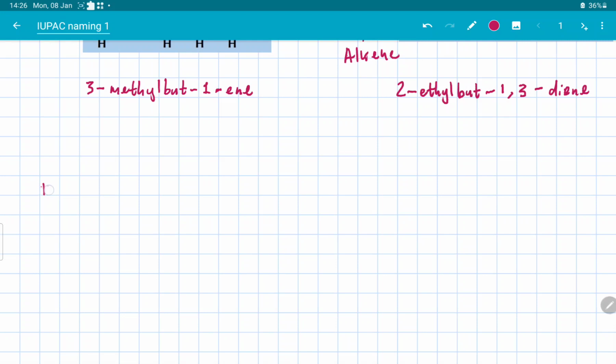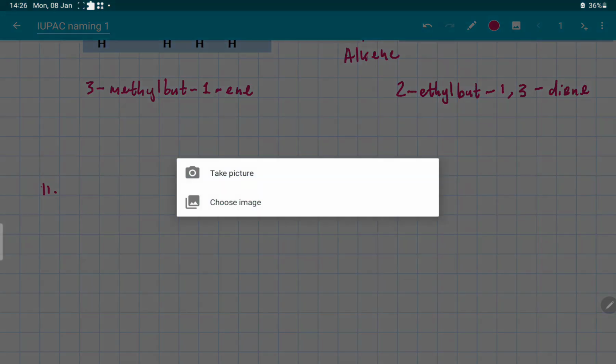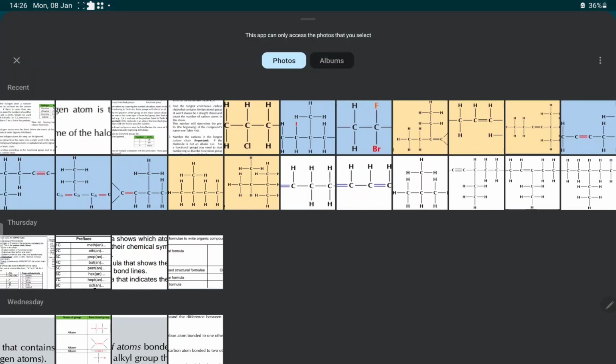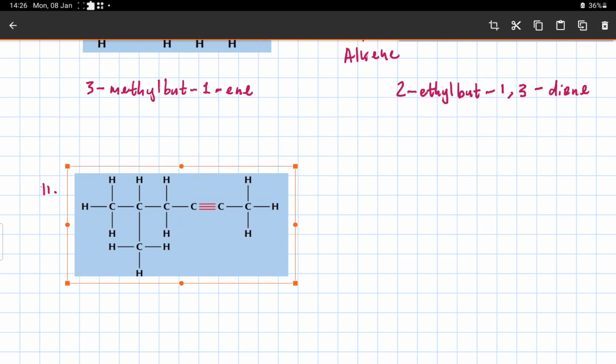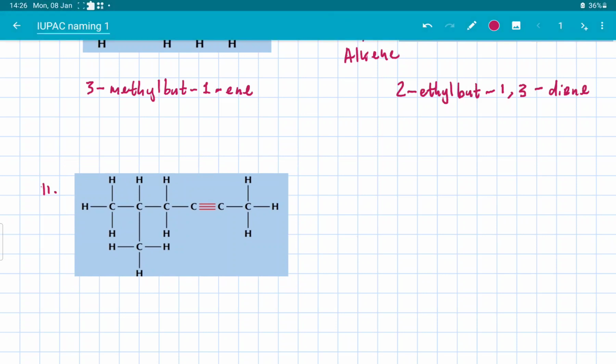Let's go to example 11. I think this is 11. There is a triple bond, which makes it an alkyne again.